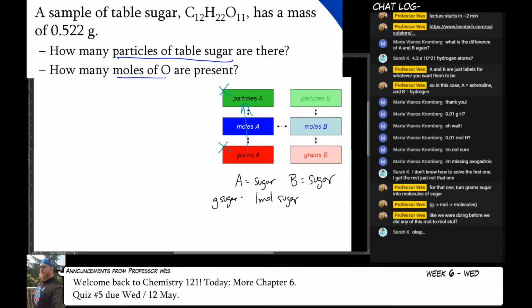So that many grams of sugar in a mole. And then I know that in 1 mole of sugar, there are Avogadro's number of molecules of sugar.